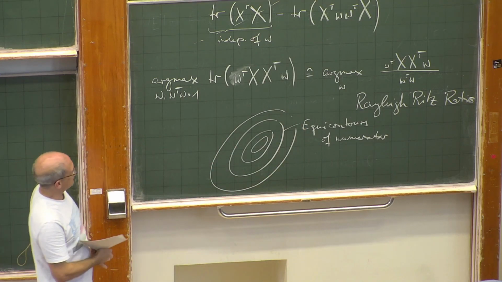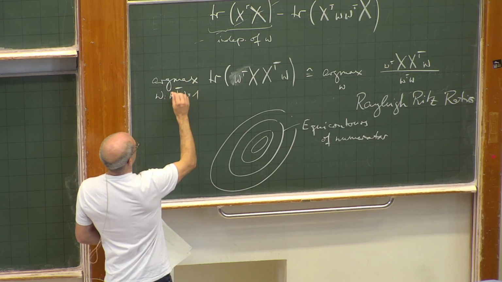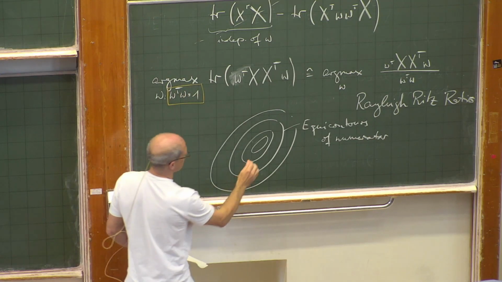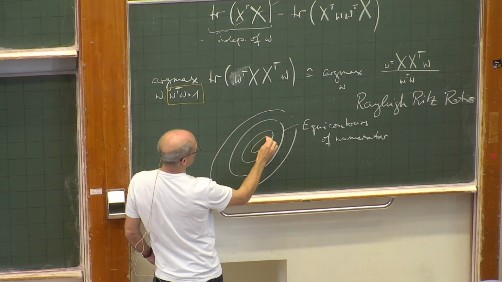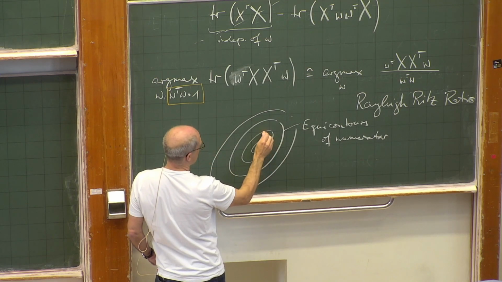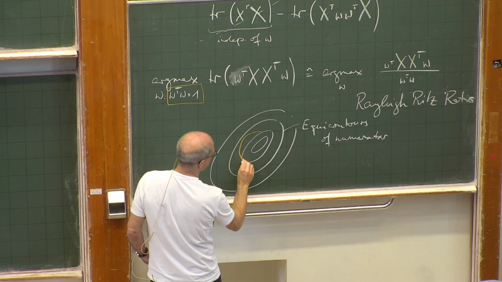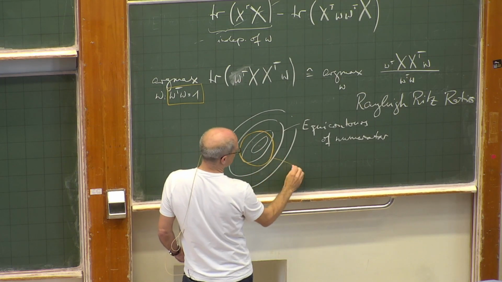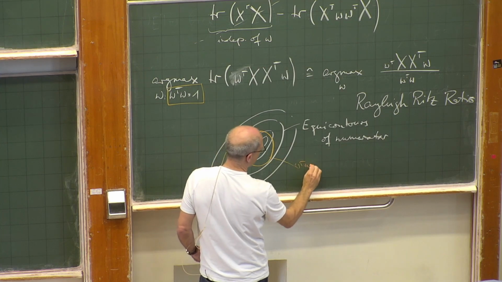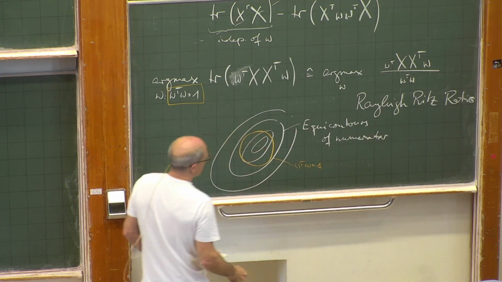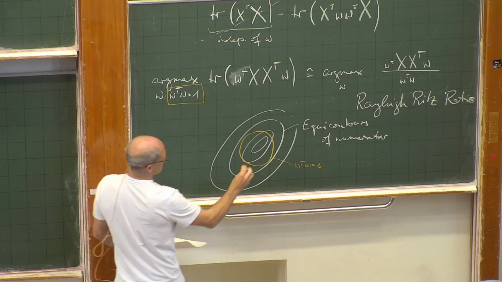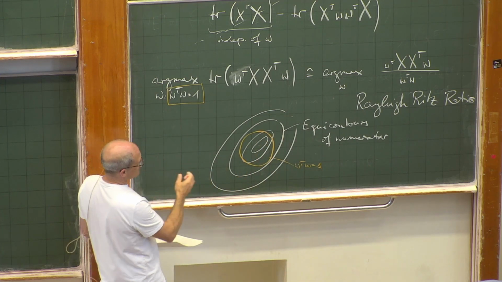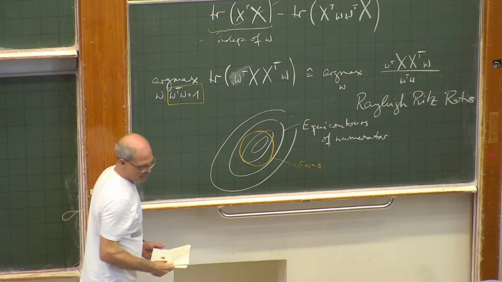But then I have my constraint. I have this constraint that W transpose W should be 1. So this is my constraint. And now my drawing here is not perfectly symmetrical, but we're trying to maximize it.